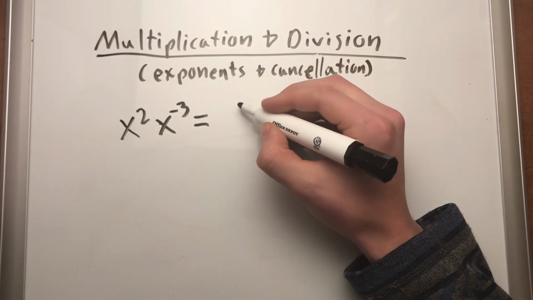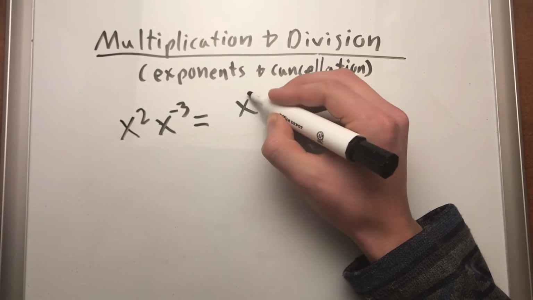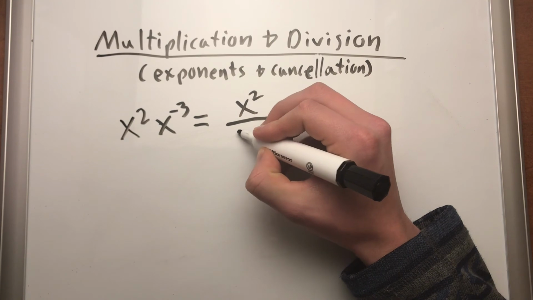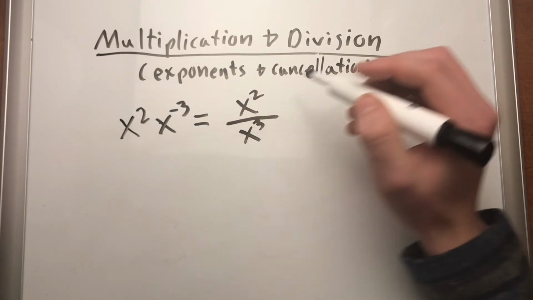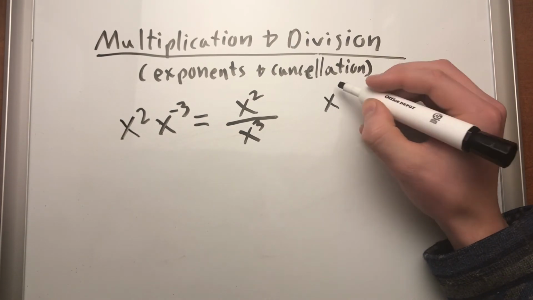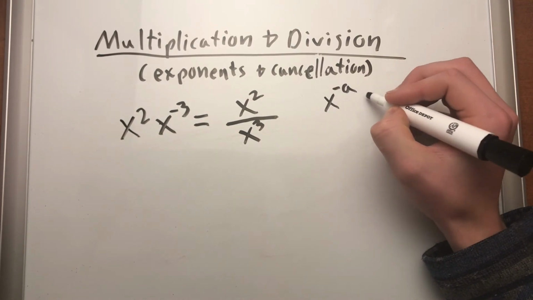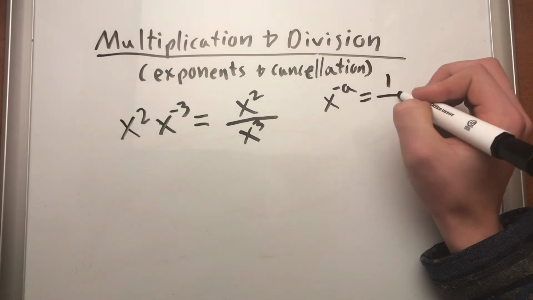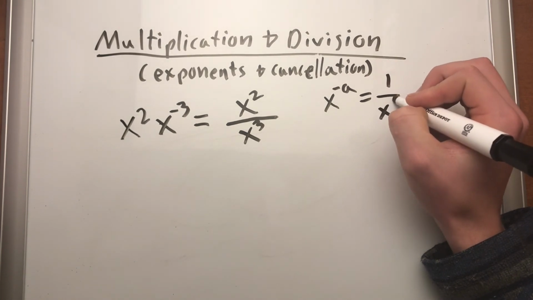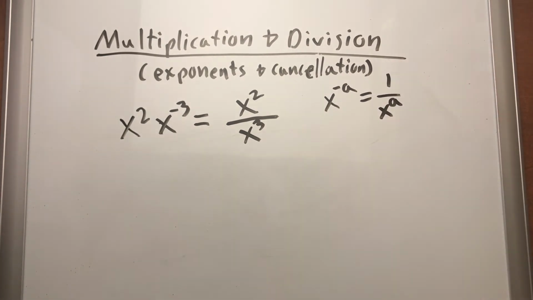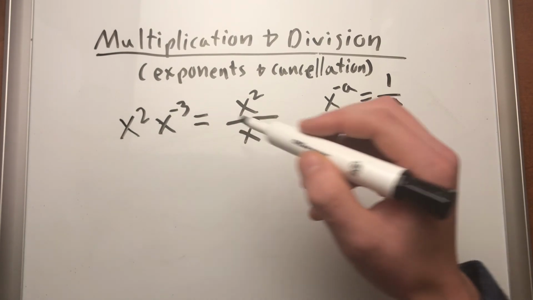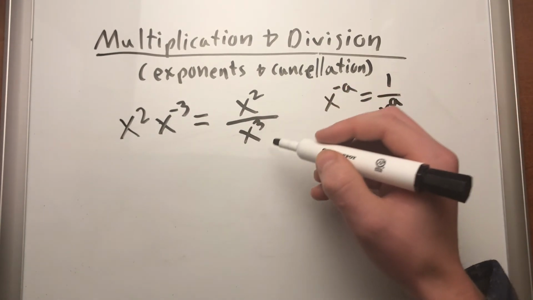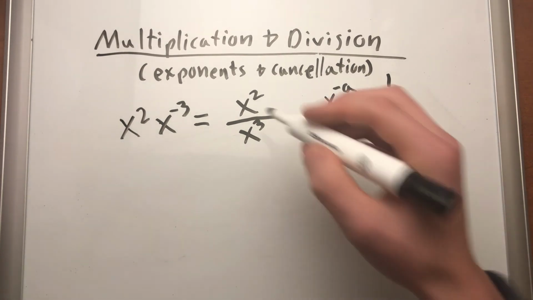We can rewrite this expression as x squared over x to the 3rd. Remember, when you have a variable raised to a negative exponent, that just equals 1 over x raised to the positive exponent. And that's basically what we've done. We've taken x to the negative 3 and written it as 1 over x to the 3, and then multiplied it by x squared.